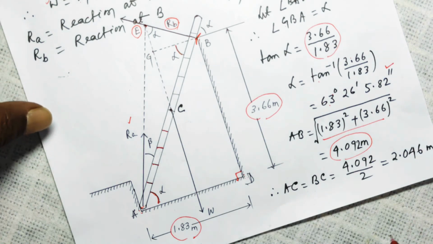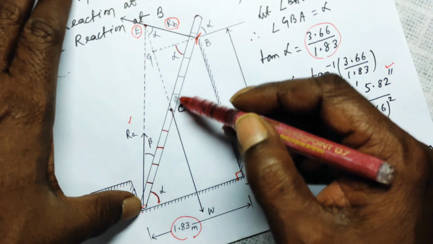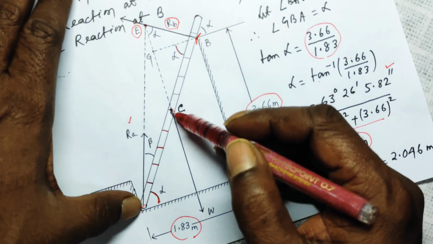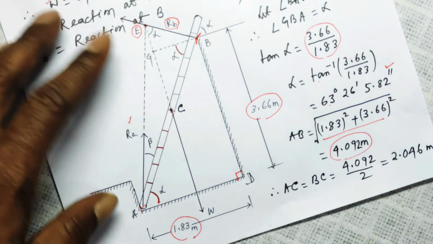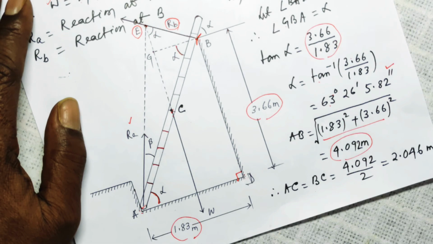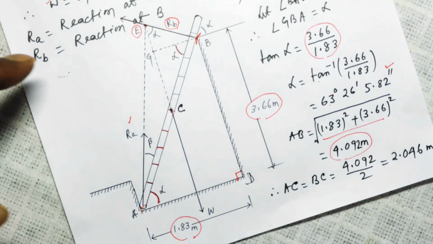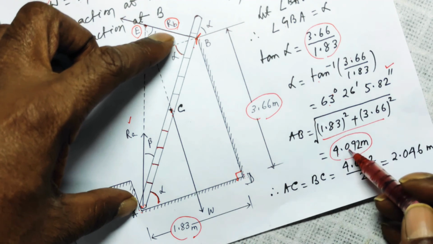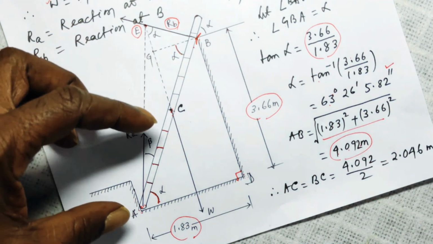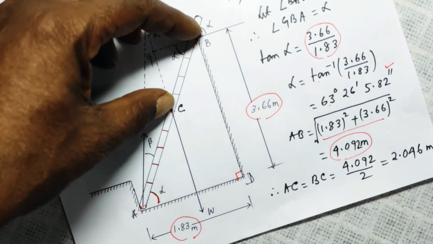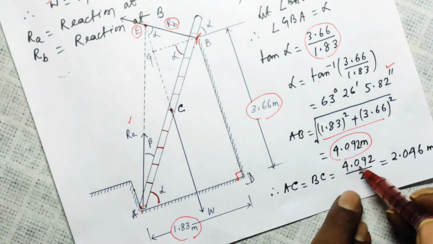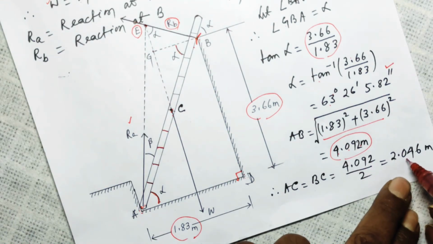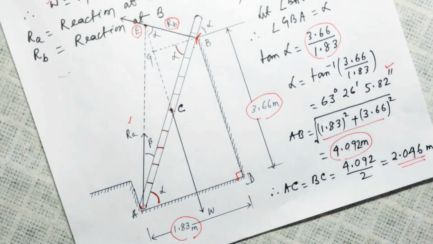Now, since AC is equal to BC, because this is given, this is the midpoint, the middle of the ladder, and we have found the length of AB as 4.092 meter, half of that, AC and BC, will be equal. So that is 4.092 over 2, that is 2.046 meter.